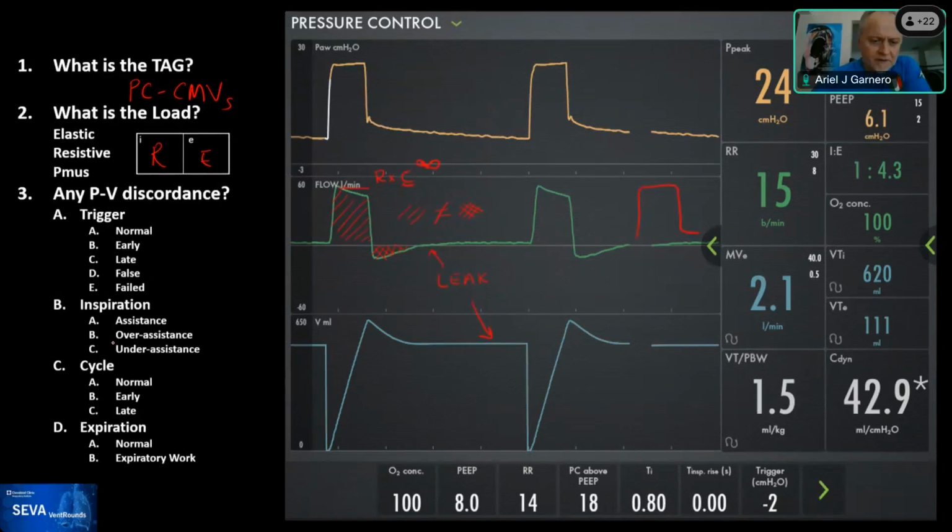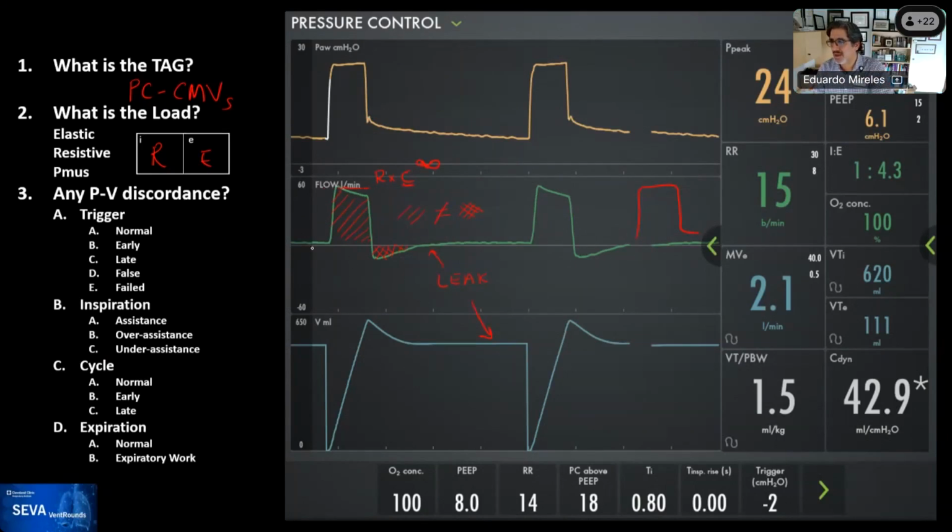Eduardo. Yes, sir. Can we say that the inspiratory flow is recorded by the inspiratory sensor and the expiratory flow is recorded by a different sensor, which means that the difference is not coming through the vent, but it's going out somewhere else? Yeah, absolutely. This is flow that is going out, and we're giving all that flow.